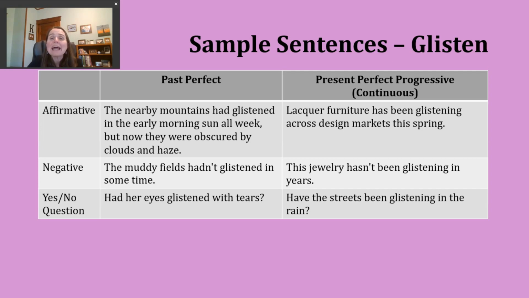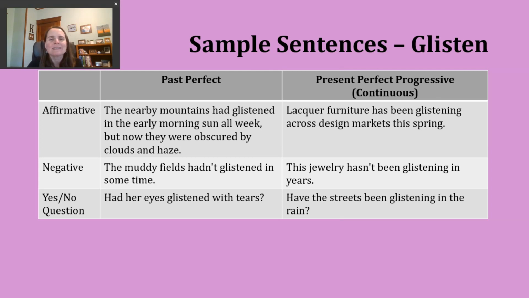Let's take a look now at a negative present perfect progressive sentence. To do this, again, we start with our subject. We'll use either have not been, and then the ing form of the verb, or has not been, and then the ing form of the verb. You might also encounter contractions, so have not can become haven't, has not can become hasn't.